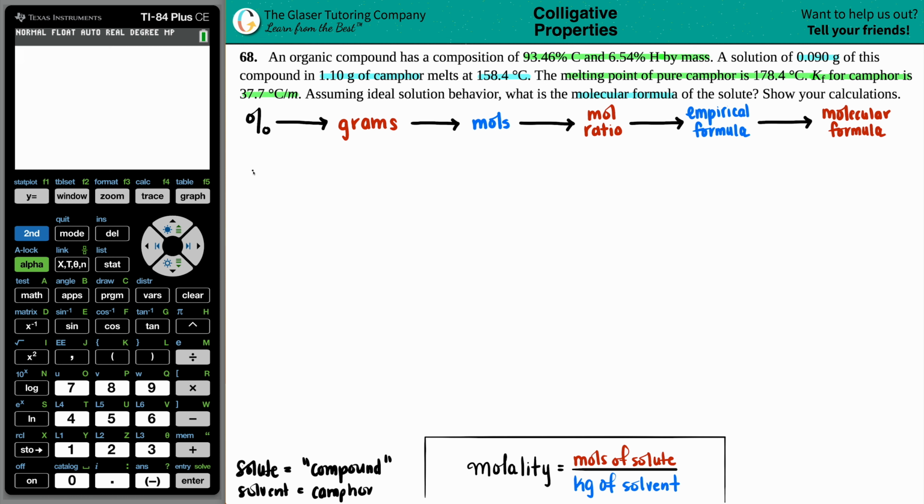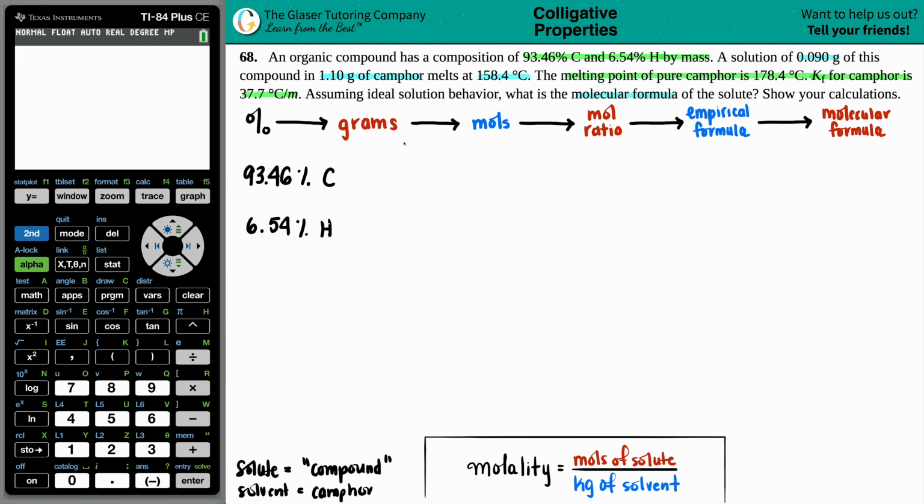They did tell us that we had 93.46% of carbon, and they did tell us that we had 6.54% of hydrogen. So we're all the way over here. The first thing is to make sure that you don't have any hidden percentages. The total percent of any sample is always 100. I look here, 93.46 plus 6.54 equals 100. So you can always double check that. But now I want to take that percentage and go to grams.